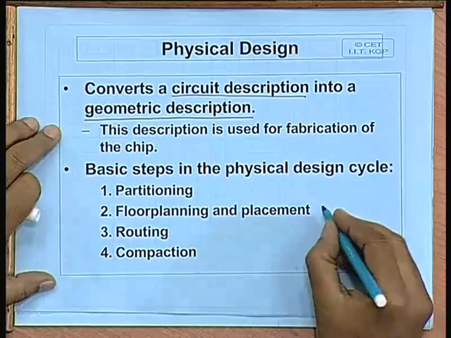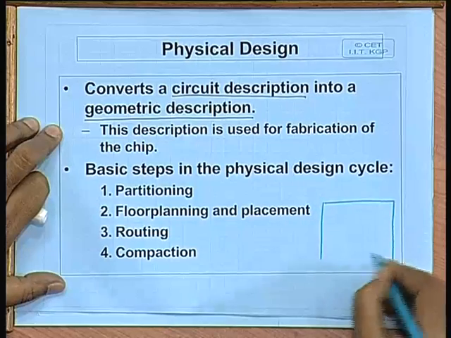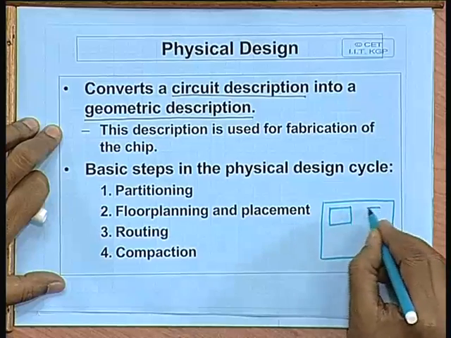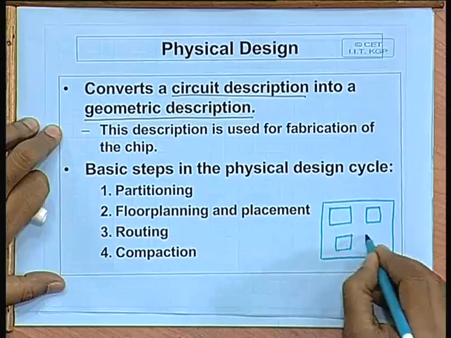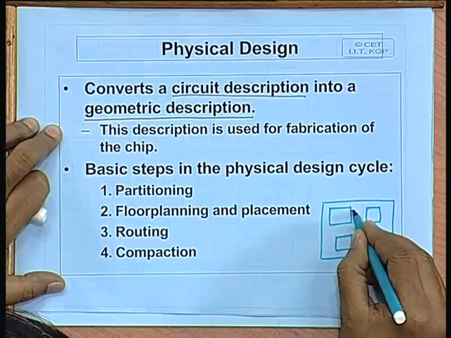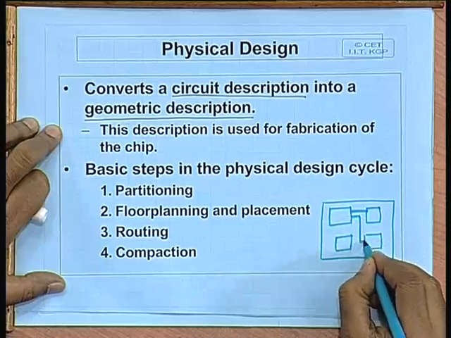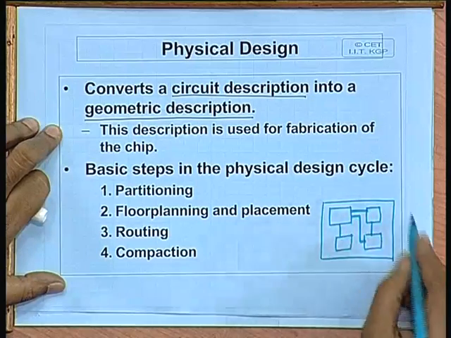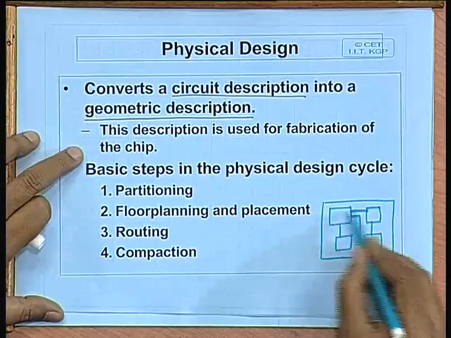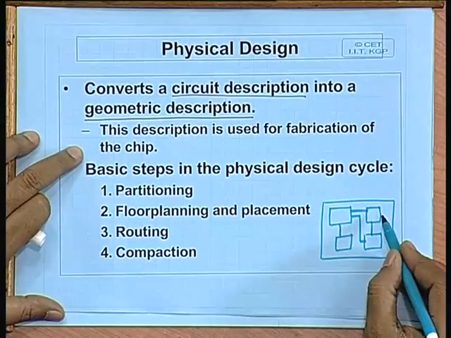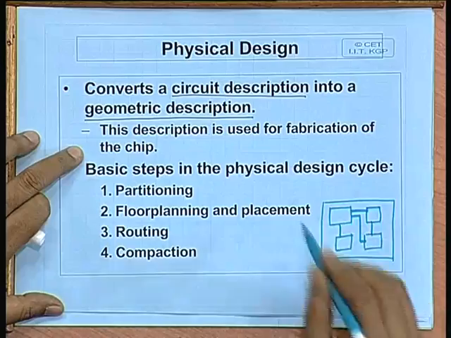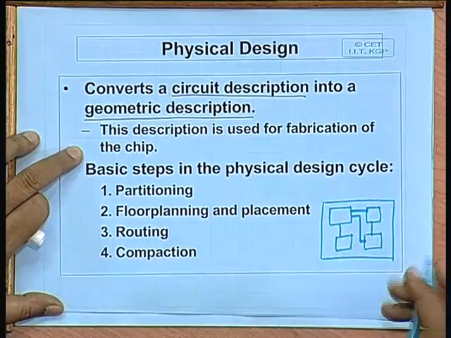Because now we think about the silicon floor, we think about the blocks or the components we need to put in the silicon floor. We need to think about the exact geometry of the interconnecting paths and so on. So, at this level we talk about rectangles and straight lines, right. So, ultimately our objective is to put them on the available area in a suitable way, so as to optimize the performance based on several criteria, as will be seen.